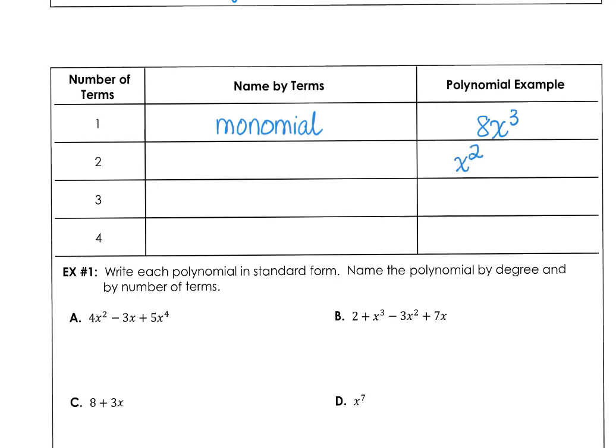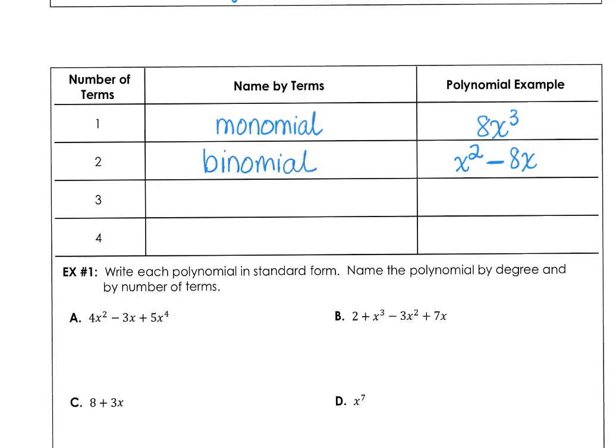When I have a term like x squared and then I subtract 8x, that has two terms. The subtraction is separating my first term, x squared, from my second term, 8x. So x squared and 8x are my two terms. The operation is subtraction. When there's two terms, that's known as a binomial.